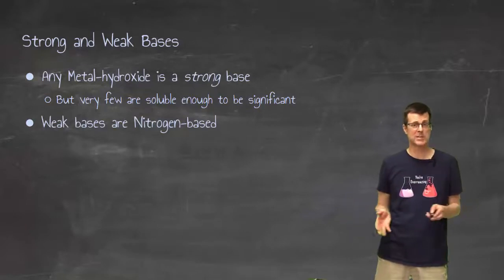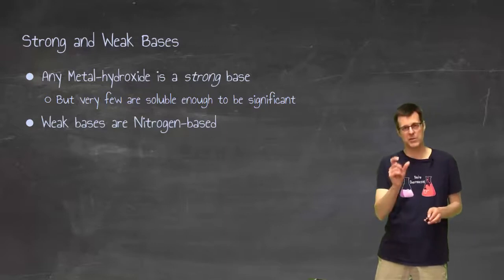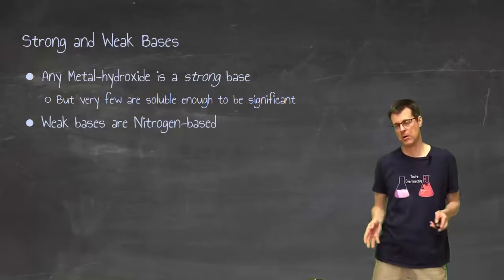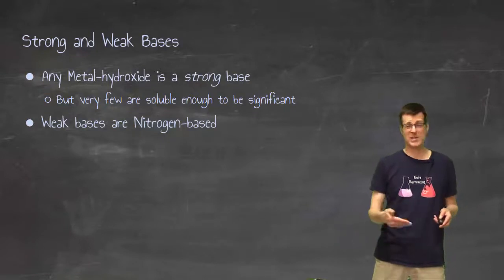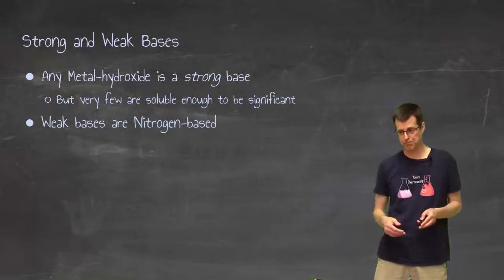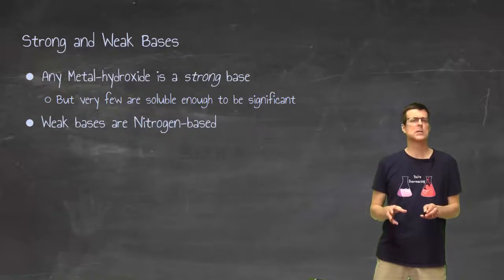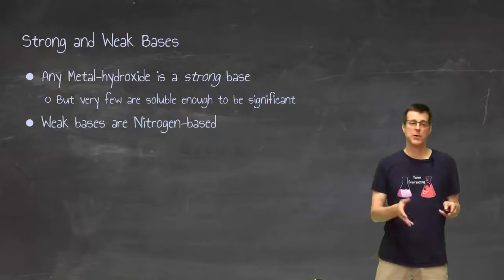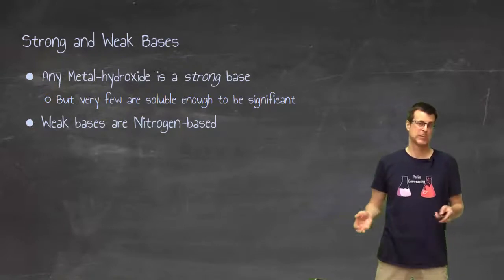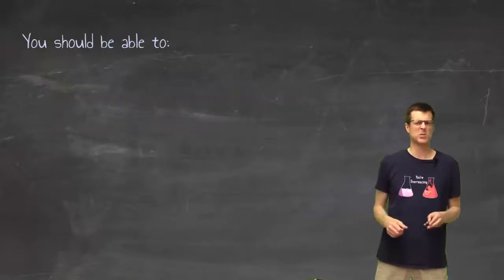I'll give you a list at some point if you need it of the ones that are considered to be strong. Pretty much it's group 1 hydroxides, sodium hydroxide, potassium hydroxide, things like that. Weak bases, if you see nitrogen-based compounds, nitrogen-based bases, those are going to be weak. Okay? So ammonia is going to be the one that we use.